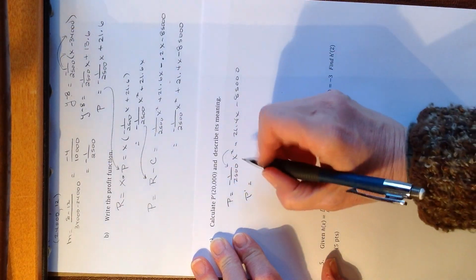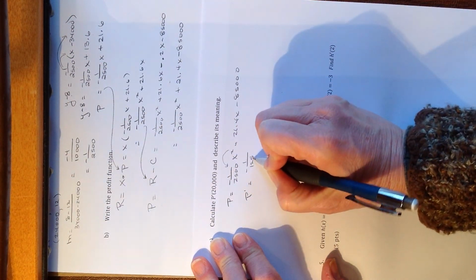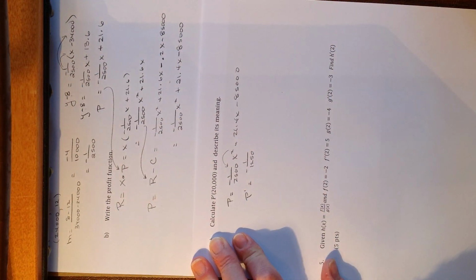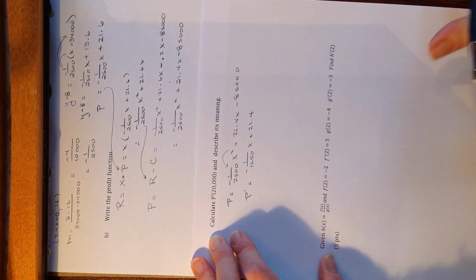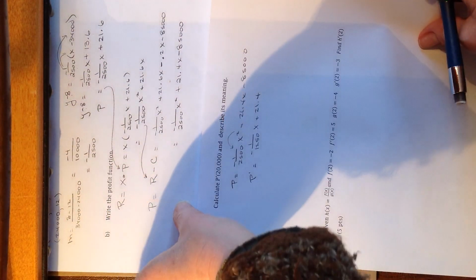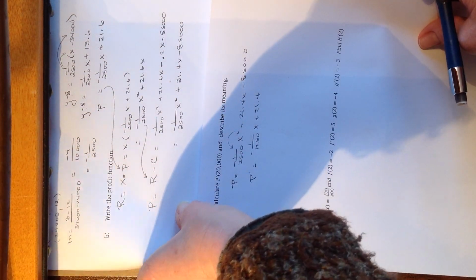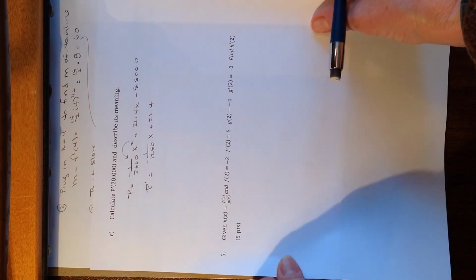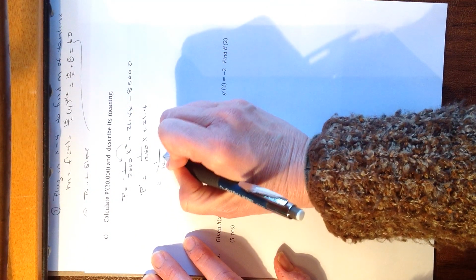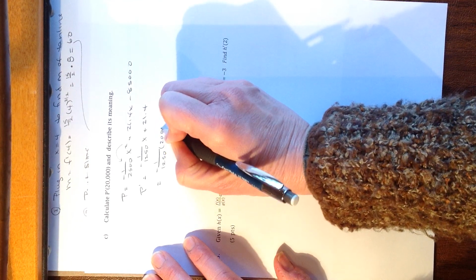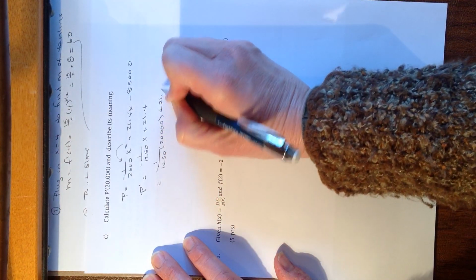So I'm going to multiply and get negative 1 over 1250 x plus 21.4. And now that I have that, I'm going to plug 20,000 into it. So I'm going to say negative 1 over 1250 times 20,000 and add on 21.4.